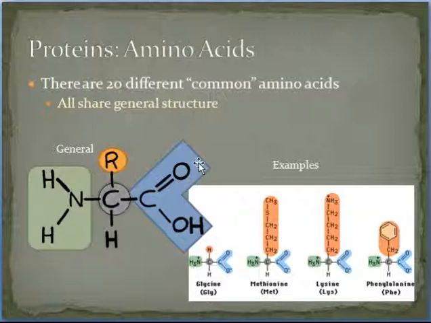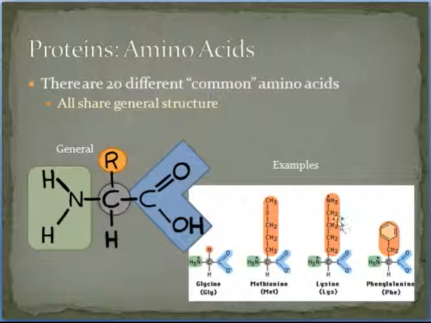Now, what makes the 20 different amino acids different from each other is this R here. In chemistry, R just means this could be anything, basically. For example, over here, we have glycine, which has an H there, or methionine, we have this thing here.